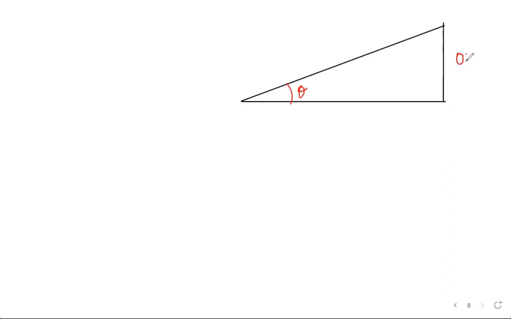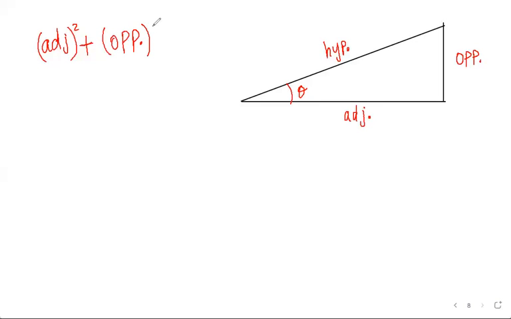This is the opposite, adjacent, and hypotenuse. The Pythagorean theorem says adjacent square plus the opposite square always equals the hypotenuse square.